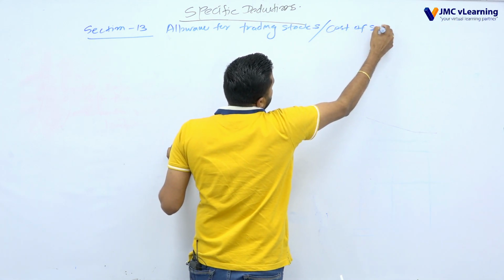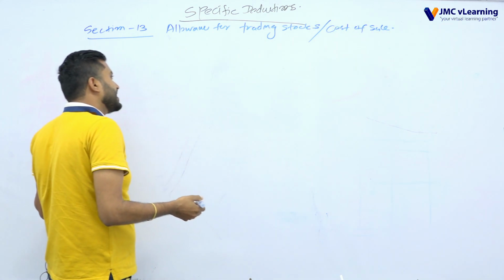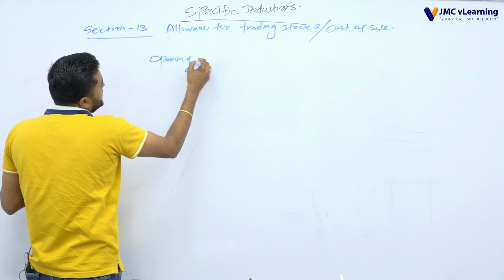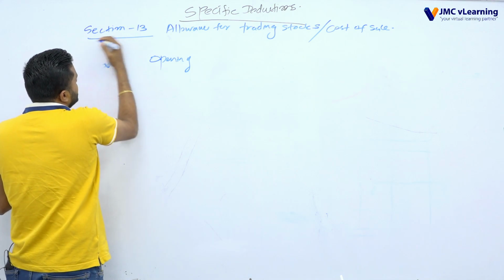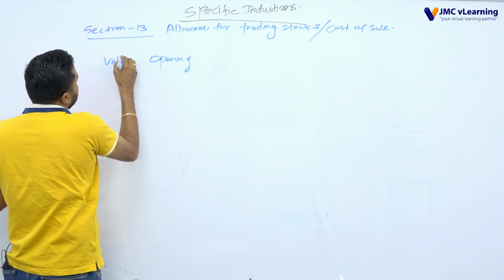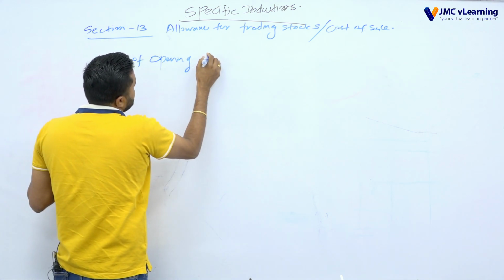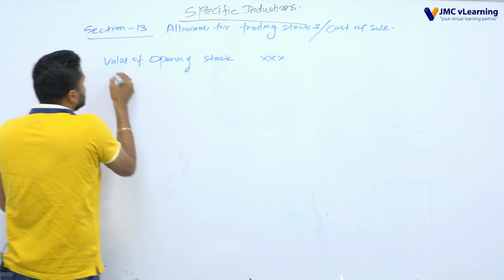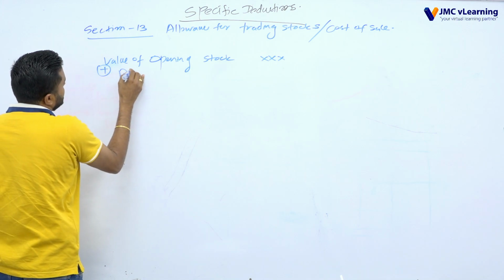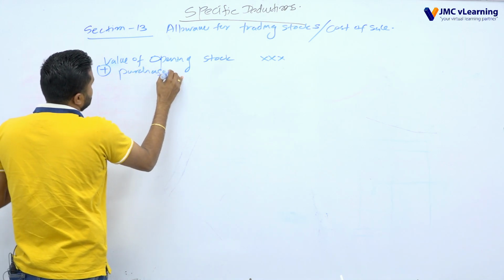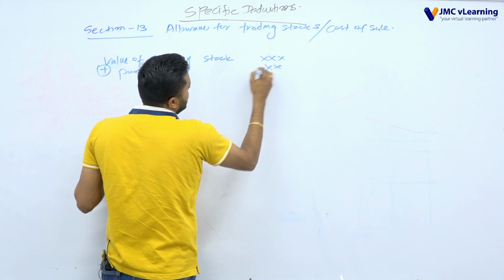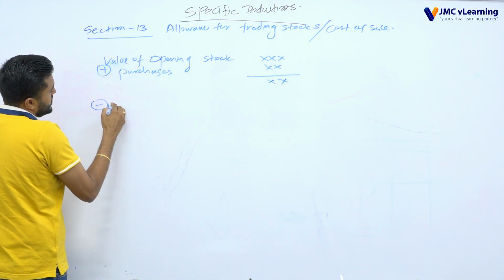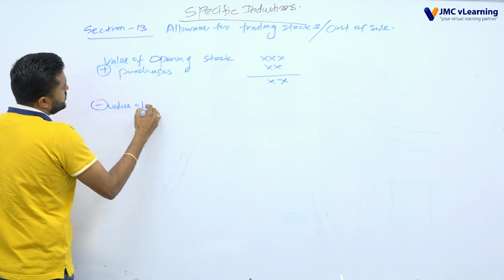So how can you calculate that in the same way in accounting, right? You know that the value of opening stock of the inventory plus purchases, then you can minus the value of closing stock.